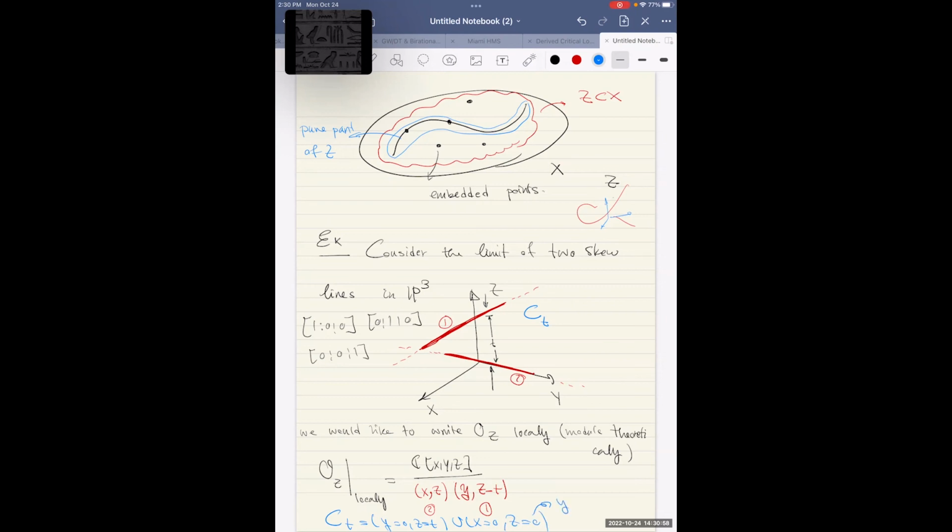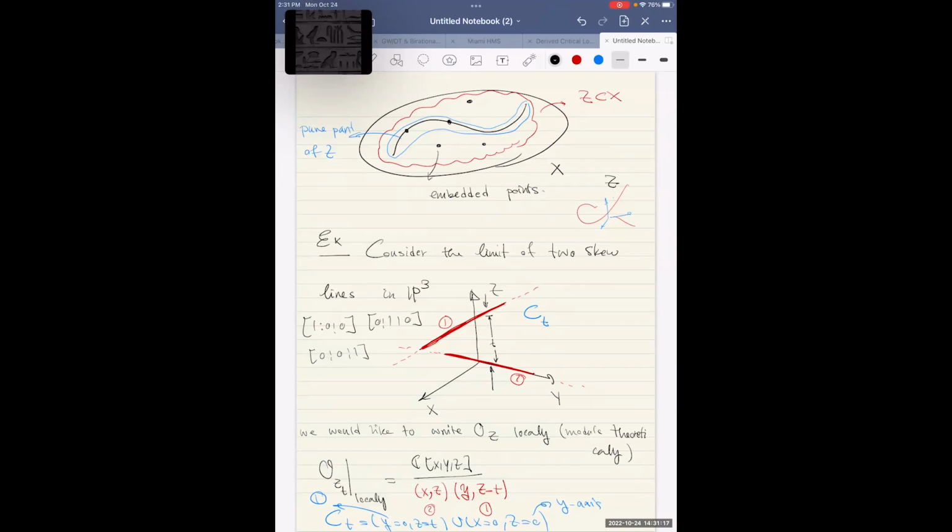This is the y-axis, and this is the other branch, branch 1. This is exactly what we have over here. So no problem. This gives us O of Z at the time t, O of Z_t.